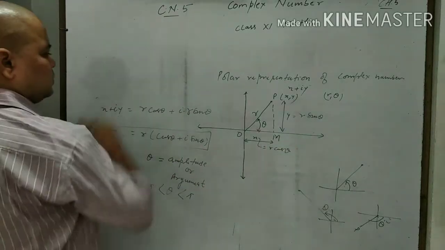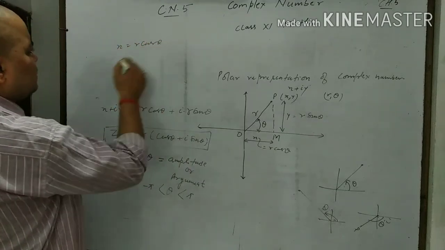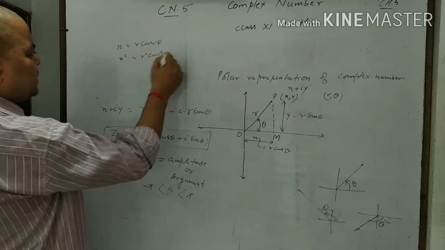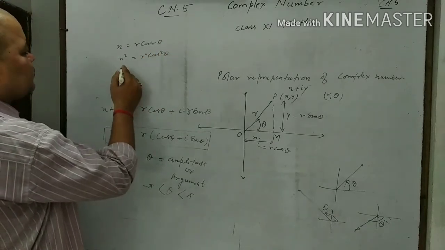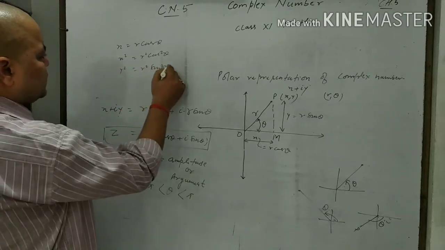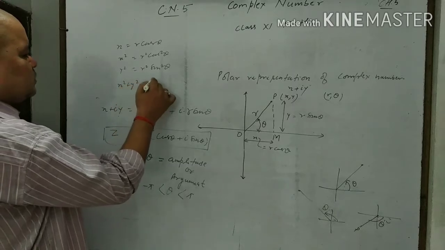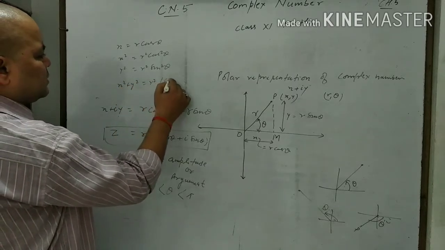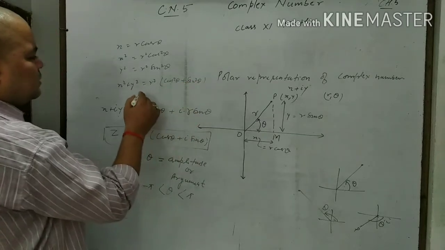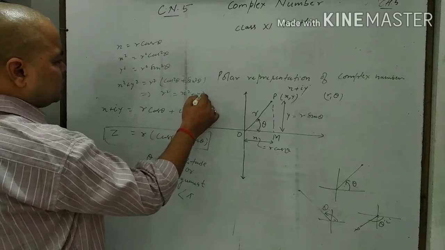How? Look, you know that x is equal to r cos theta. Then x square is equal to r square cos square theta, and y square is equal to r square sin square theta. Squaring and adding, x square plus y square is equal to r square, since cos square theta plus sin square theta is 1.